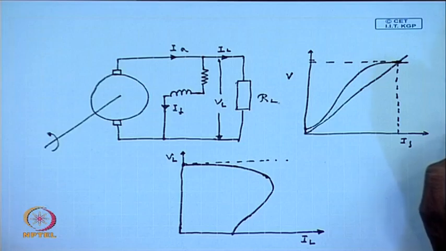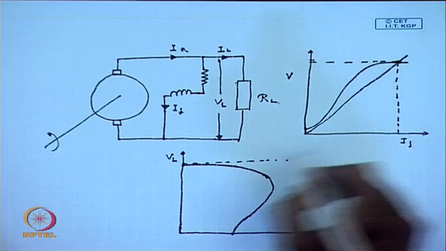That is, instead of a voltage source, this generator starts behaving like a current source.